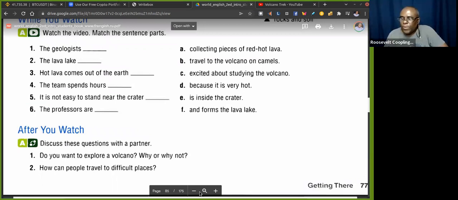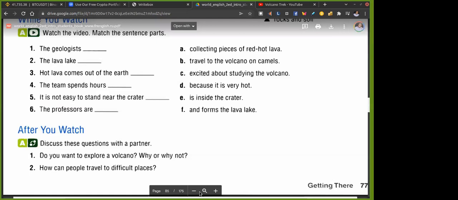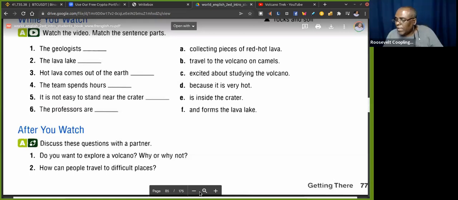That's okay. And what about you, Leonardo? Do you have the courage to visit a volcano or no? Some people are brave enough to travel to volcanoes.